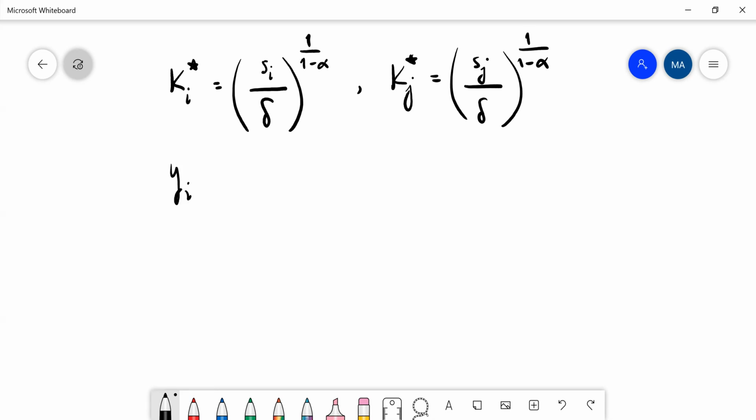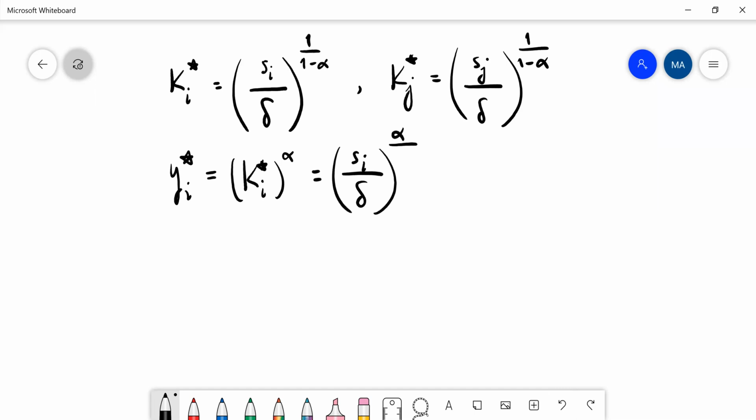So we can now write steady state levels of GDP per capita. Okay, so we have (s_i/δ)^(α/(1−α)), and for country j, similarly (s_j/δ)^(α/(1−α)). Okay.